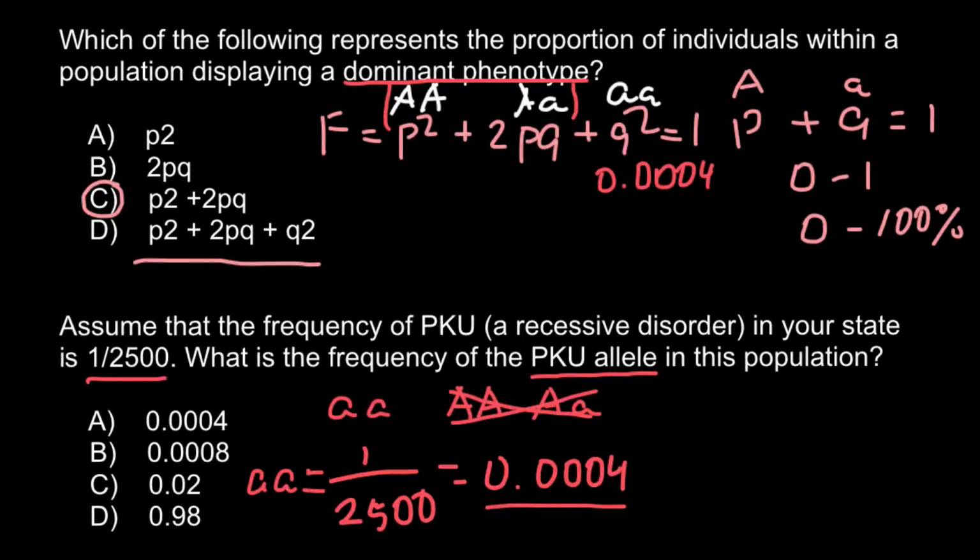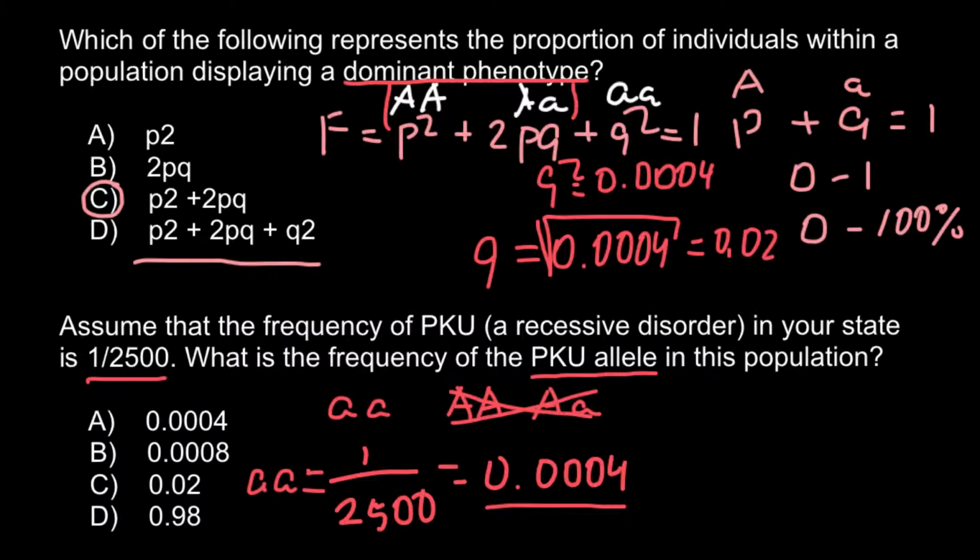So in order to find the frequency of this allele, we just need to take the square root of this number. If q squared equals 0.0004, that means q equals the square root, so q equals 0.02.